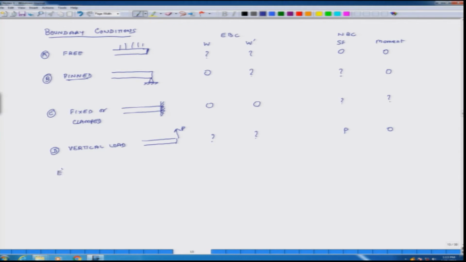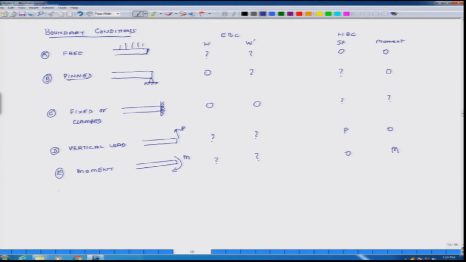The fifth condition is moment. Suppose I am putting a moment of m here, then again W and slope are unknown, but the shear force is 0 and the moment is m.